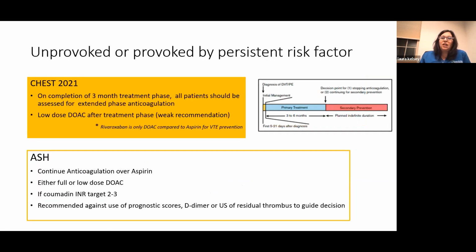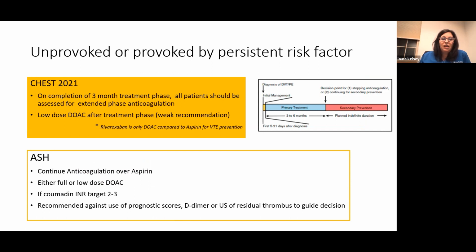And so if it's unprovoked or it's provoked by a persistent factor, then CHEST says at the end of the 3 months, you've got to really strongly consider long-term anticoagulation. And use of low-dose DOACs has really come to the forefront as the treatment in that second phase.